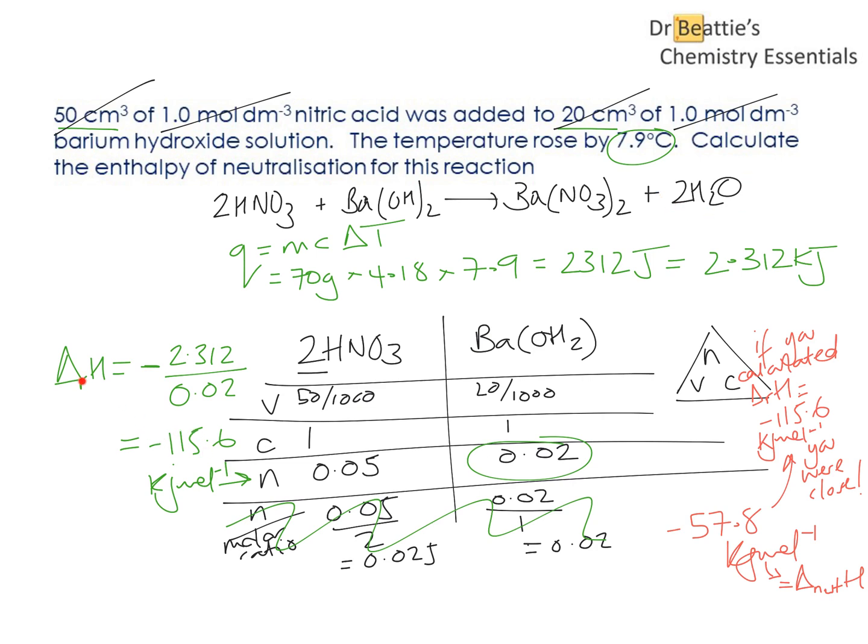So whilst this is the delta RH minus 115.6 kilojoules per mole, if we are to link to the actual enthalpy of neutralisation for 1 mole of this, we're going to have to take this value and divide by 2, because this value here is for the formation of 2 moles of water. So to work out the enthalpy of neutralisation for 1 mole of water, then we're looking at minus 57.8 kilojoules per mole.